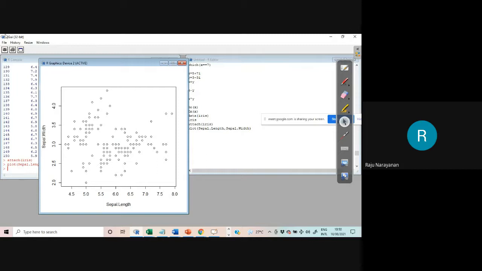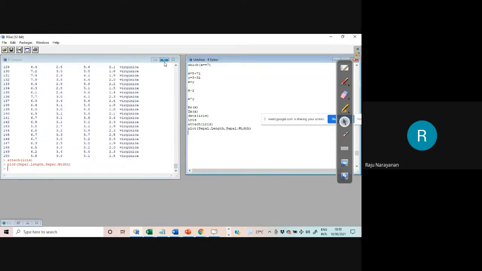Now you can do beautification. What is beautification? Main heading. For every table and diagram, a heading is a must. What heading are you going to give?